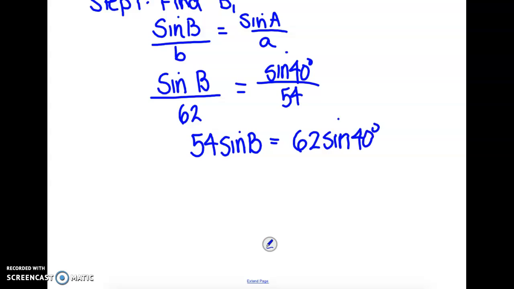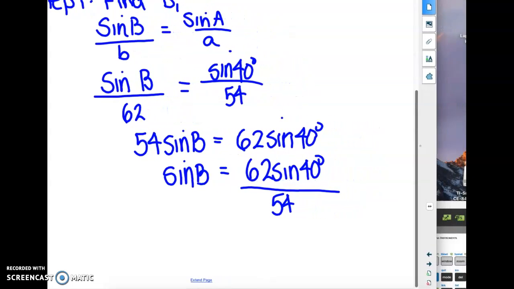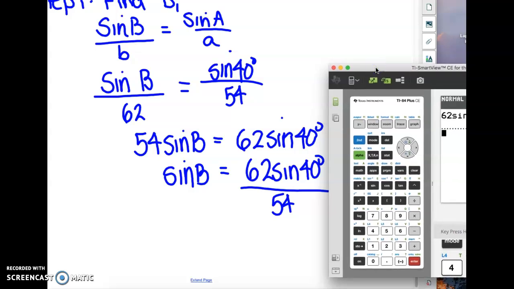Now we're ready to undo. We want to isolate that sine of B, so we divide by 54: 62 sine of 40 degrees over 54. Then we type this into our calculator. 62 sine of 40 degrees, enter, then divided by 54, enter.